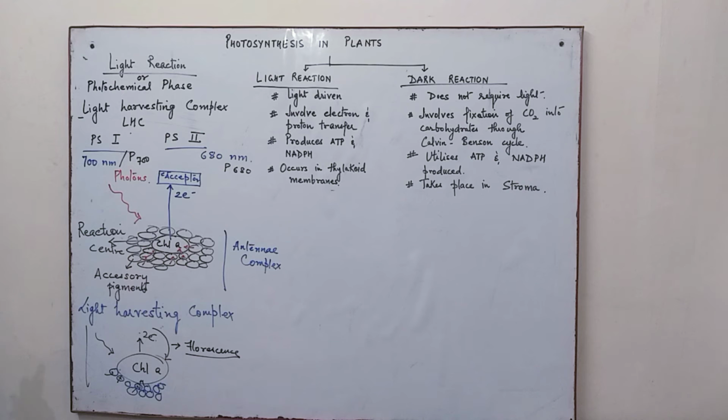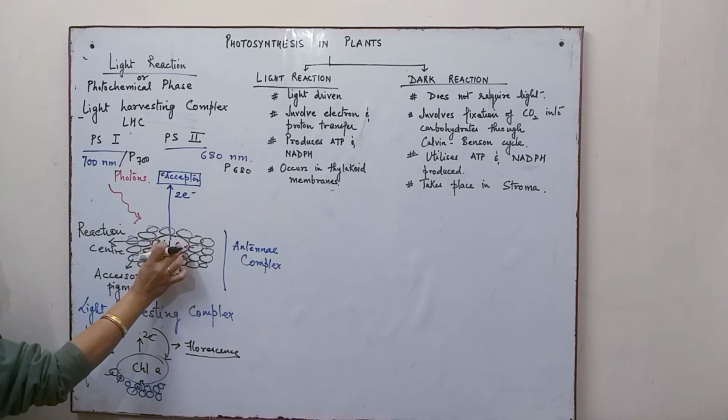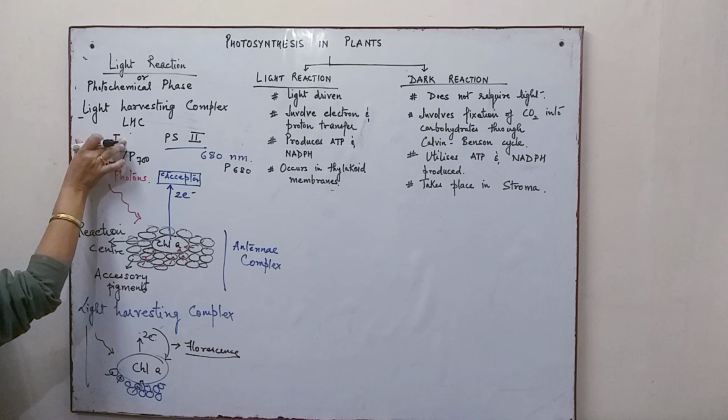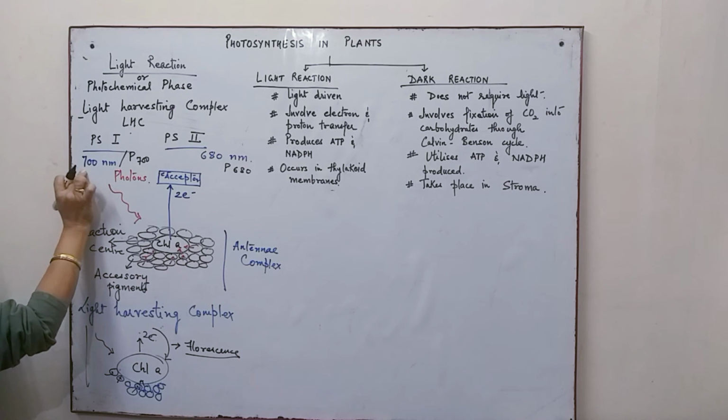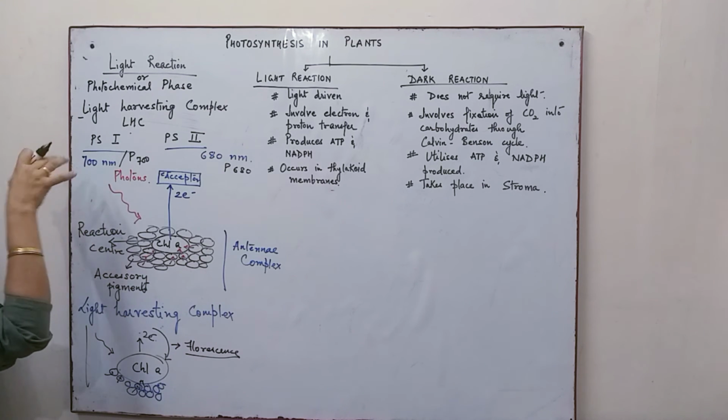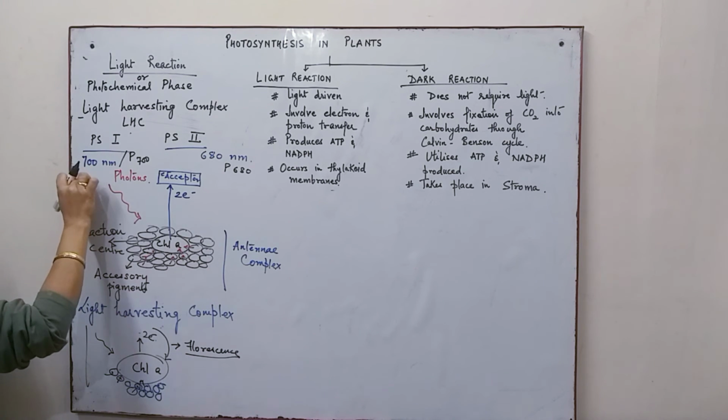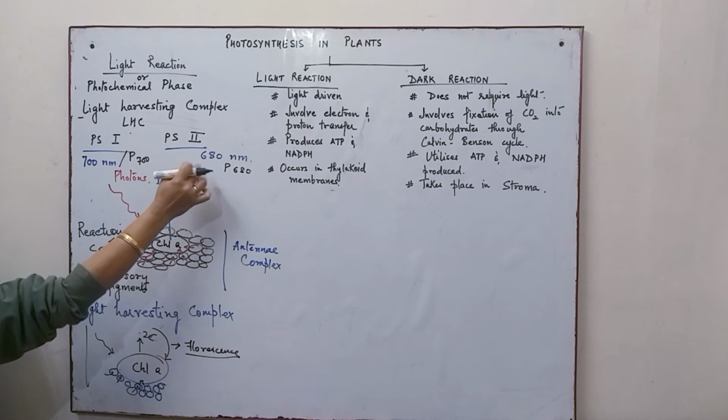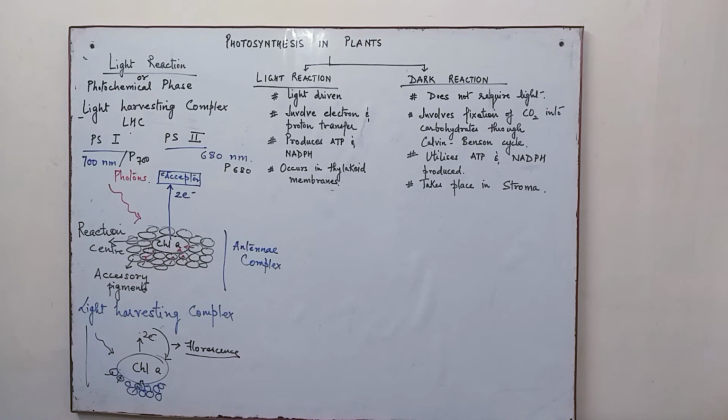Depending upon what wavelength of light the chlorophyll A is absorbing, we have PS1, having 700 nanometers as the absorption wavelength, and PS2 at 680. So here we are going to understand PS1 and PS2.